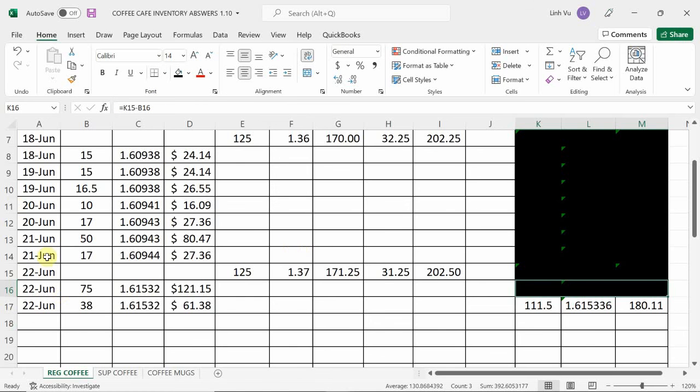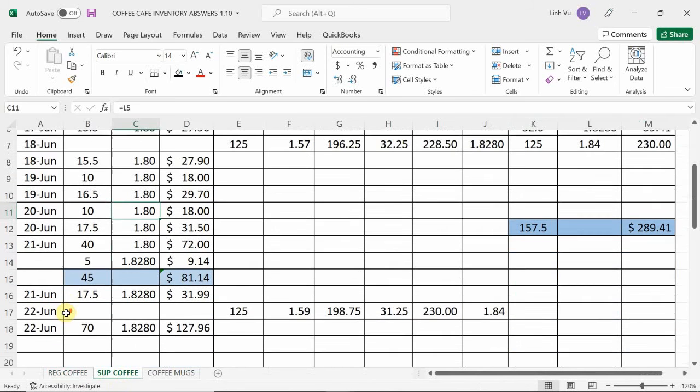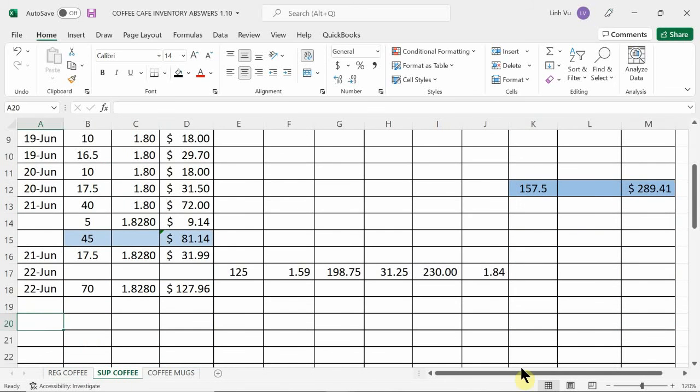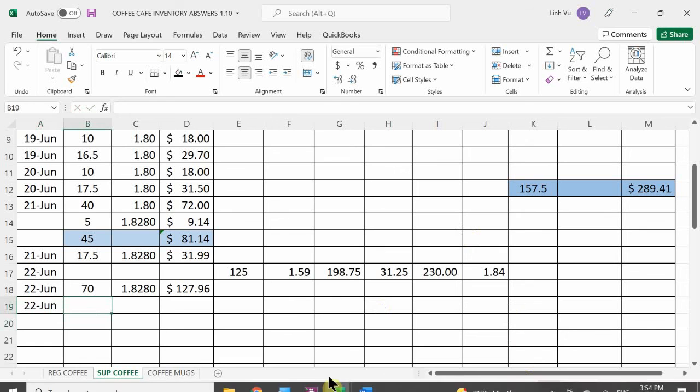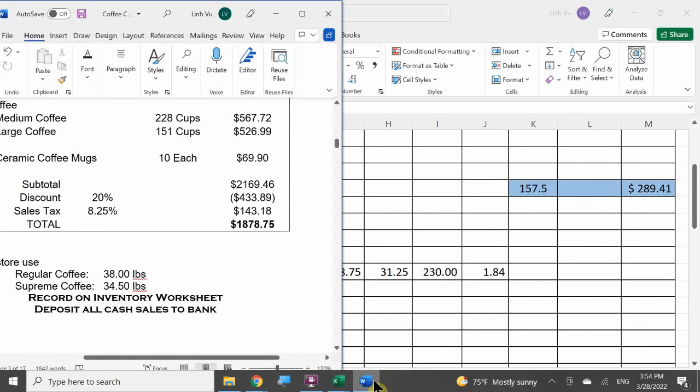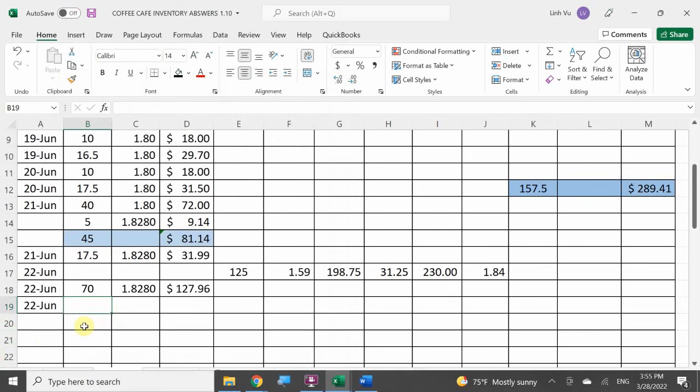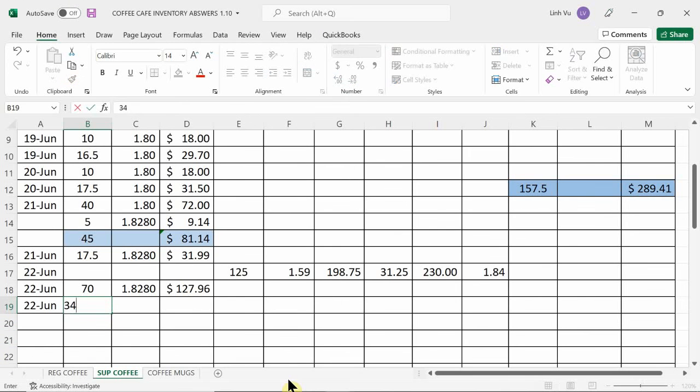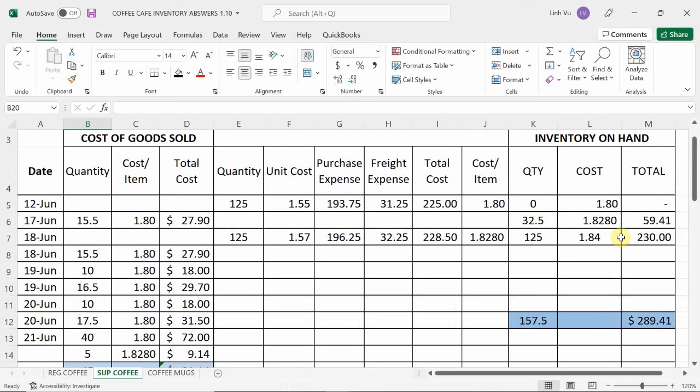Good. So then, let's see. How many pounds of the Supreme coffee did I use? 34 and a half. So let's take a look at my inventory.